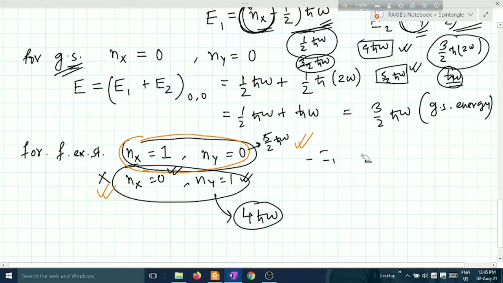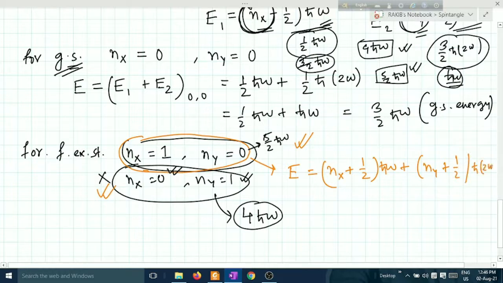Then what will be the energy for nx equals 1, ny equals 0? In this case, the total energy will be, you need to write down the formula again, (nx + 1/2) ħω plus (ny + 1/2) ħ into 2ω.